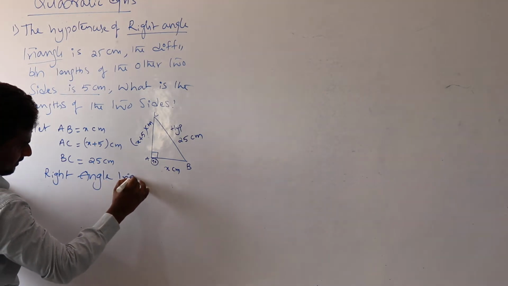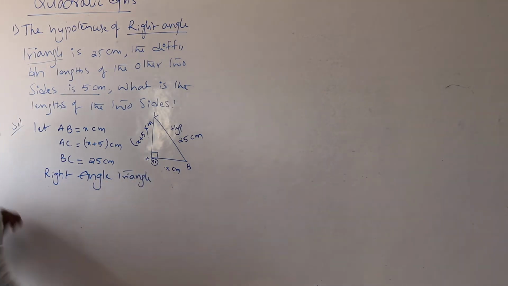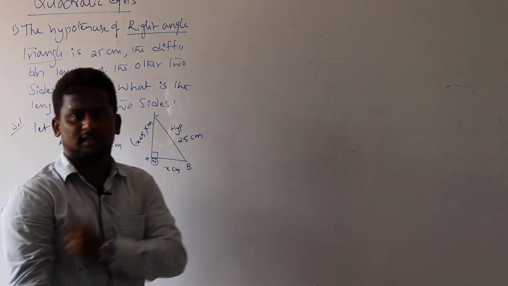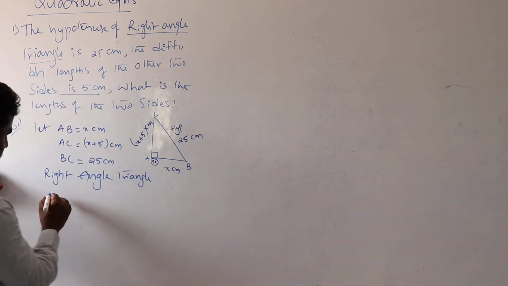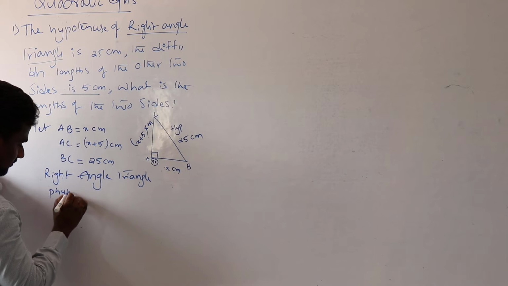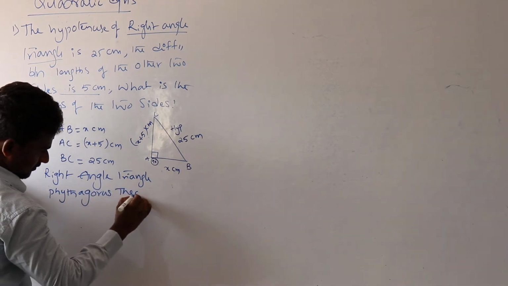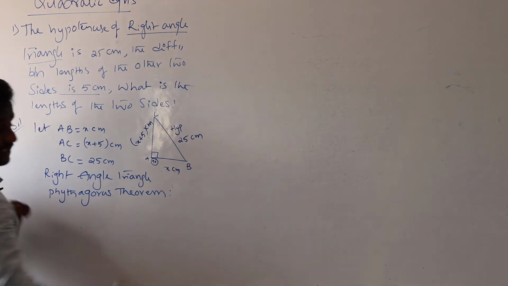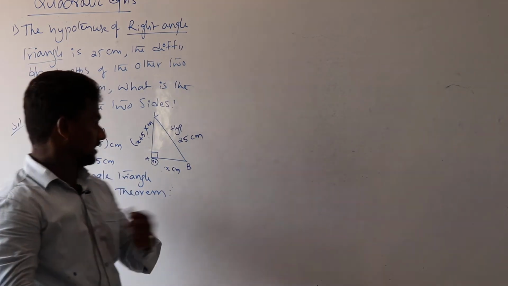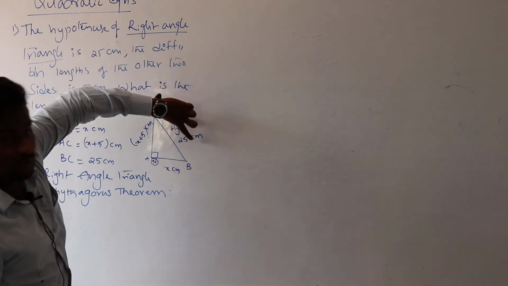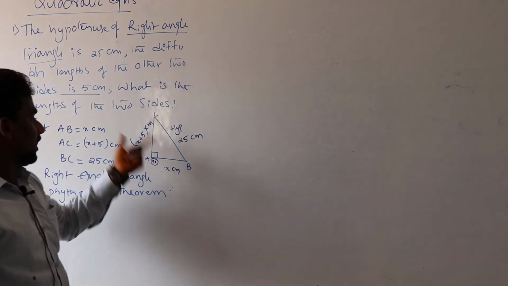A right angle triangle always follows the Pythagoras theorem. What is meant by the Pythagoras theorem? The hypotenuse square is equal to the sum of the squares of the other two sides.